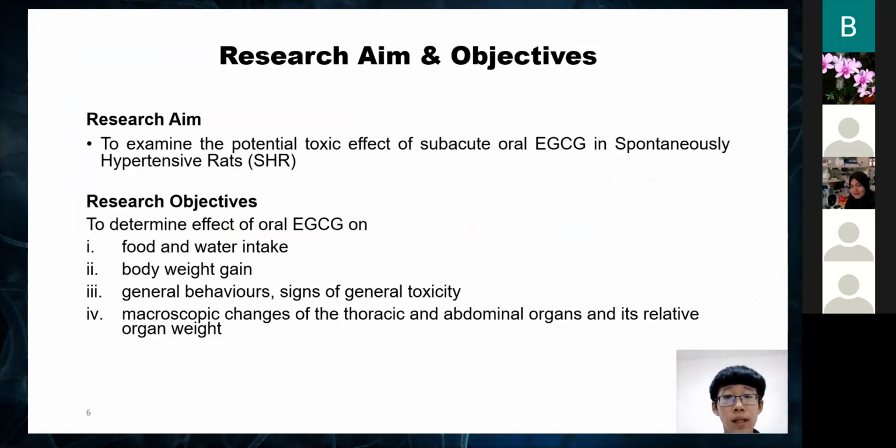Thus, this study aims to examine the potential toxic effect of subacute oral EGCG in SHR. The objectives of this study are to determine the effect of oral EGCG on food and water consumption, body weight gain, general behavior, signs of general toxicity, macroscopic changes of thoracic and abdominal organs, and its relative organ weight.